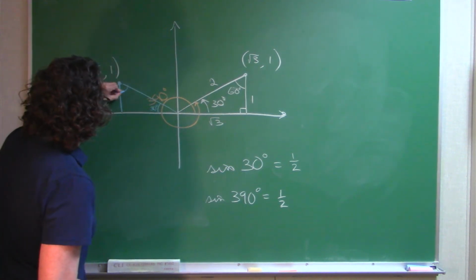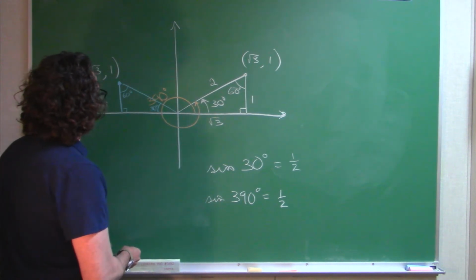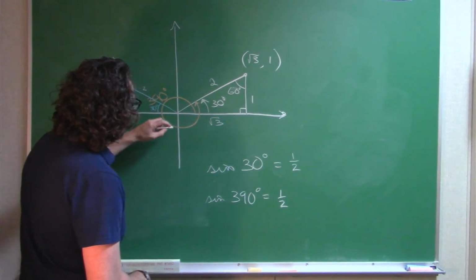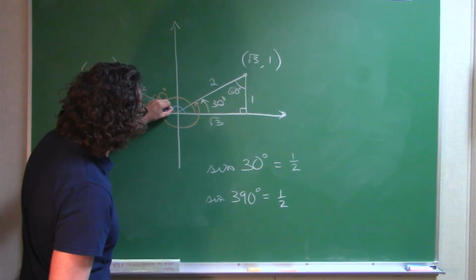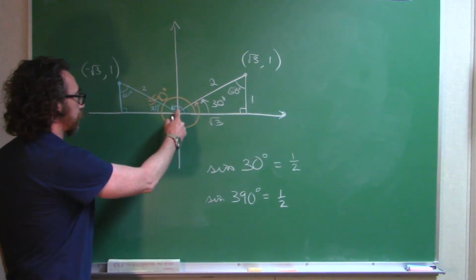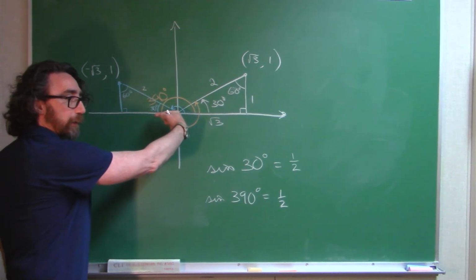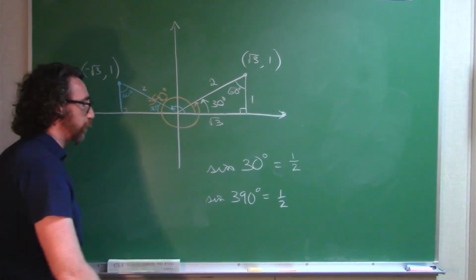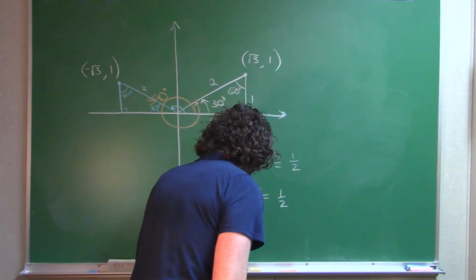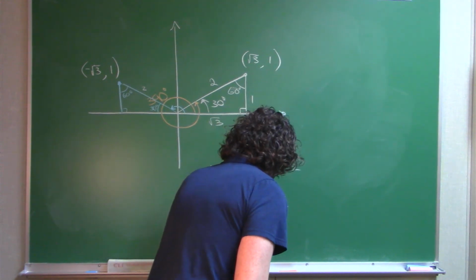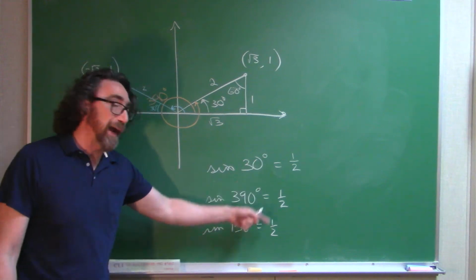That is our 30-degree angle, and that's our 60-degree angle. If I look at this angle going right here, that is 30 degrees less than going all the way there. So this is a 150-degree angle. Sine of 150 is also 1/2.